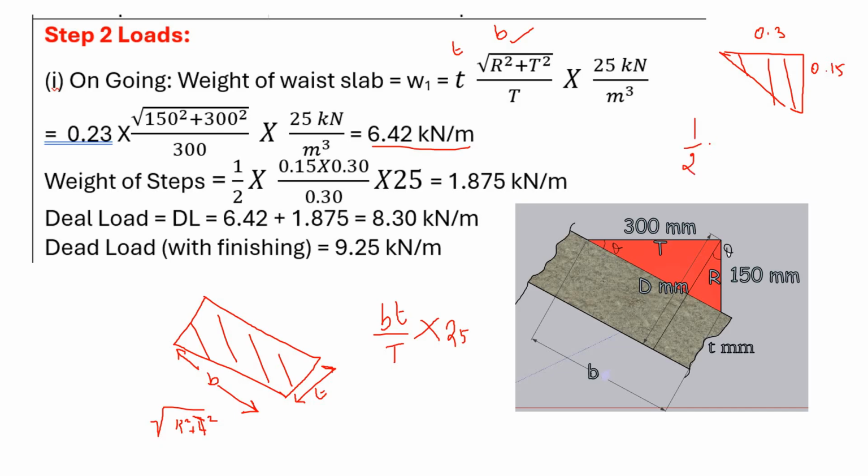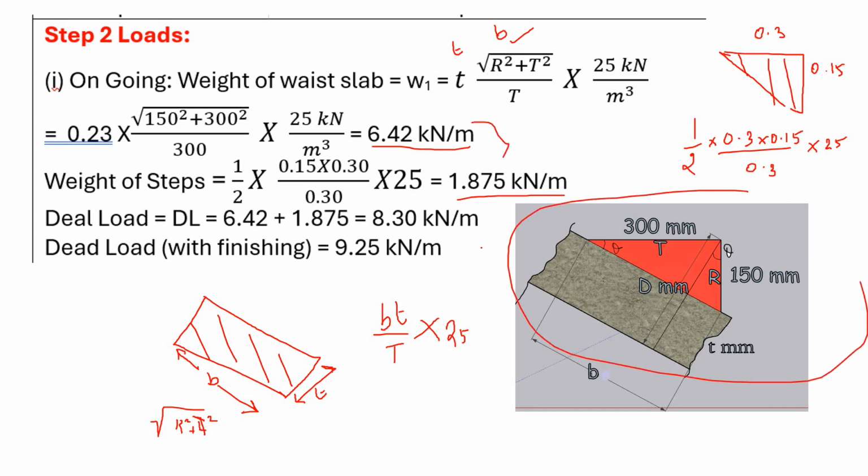First you will calculate the area. So half into 0.3 into 0.15, then you divide it by 0.3 to convert it for 1 meter, multiply it by 25 kilonewton per meter cube, which is said to be 1.875 kilonewton per meter. You add these two, so it will give the weight of this whole portion.